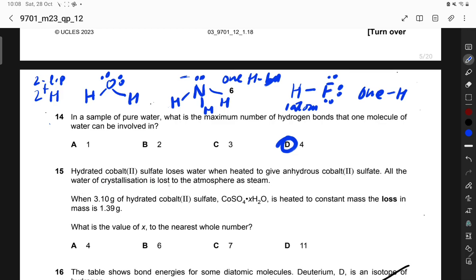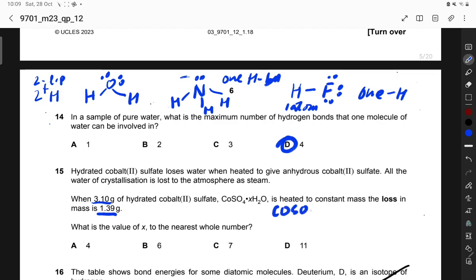Hydrated cobalt 2 sulfate loses water when heated to give anhydrous cobalt 2 sulfate. All the water of crystallization is lost to the atmosphere as steam. When 3.10 gram of hydrated cobalt sulfate dot XH2O is heated to constant mass, the loss in mass is 1.39. So this is total mass, and first calculate the total mass of water and mass of cobalt sulfate.